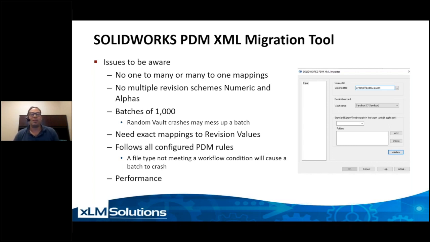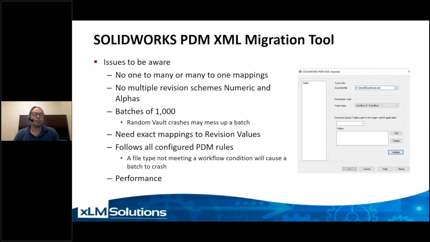Nor can you do many-to-one mappings. Maybe in your source you have Created By and Drawn By, but they should just go to Drawn By. It only really supports one-to-one mappings. There are ways around it, but out of the box, the tool really only supports one-to-one mappings of variables.